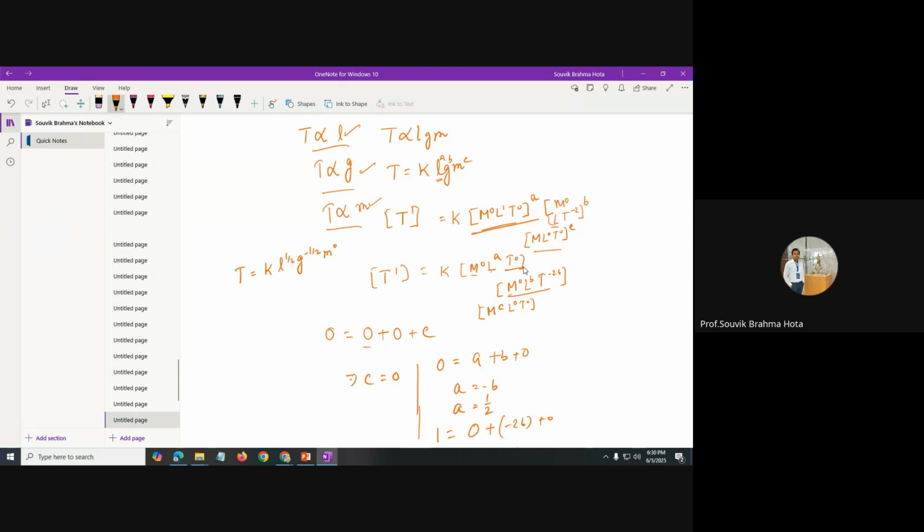So what you should write here, T is equal to K, then this half minus half, you can do like this, L raised to the power half divided by G raised to the power half. So it should be K whole raised to the power... you can write square root of L by G. You can write like this.